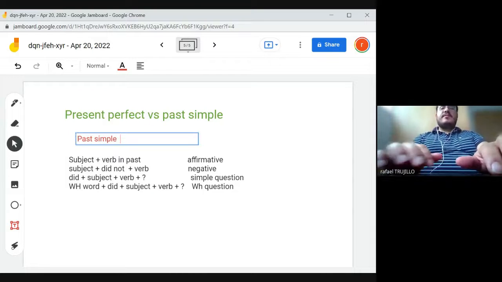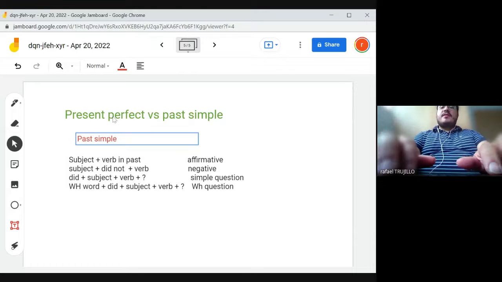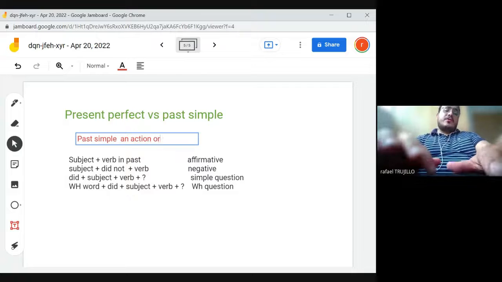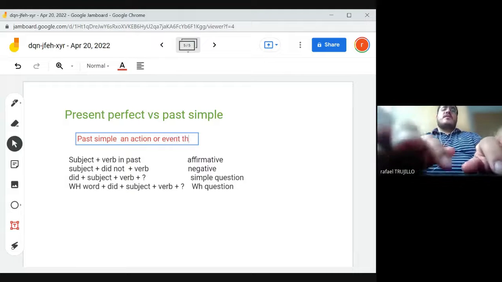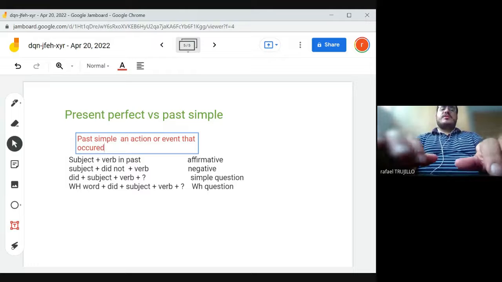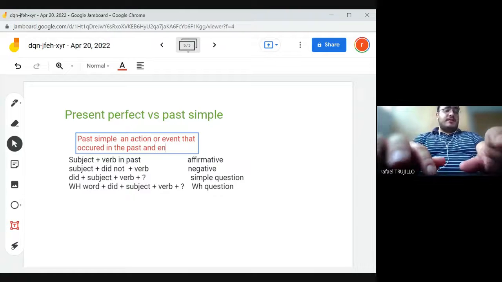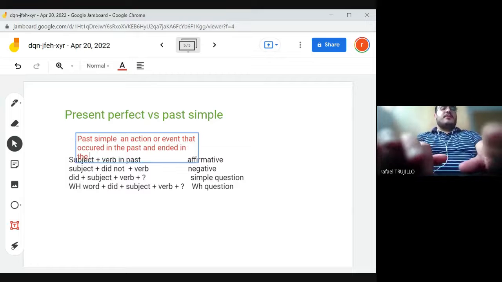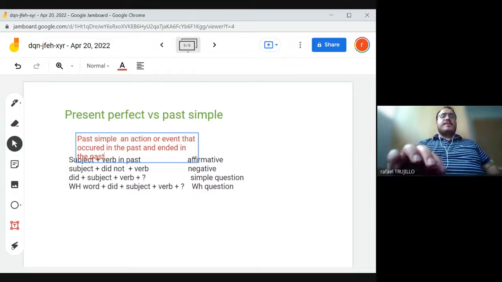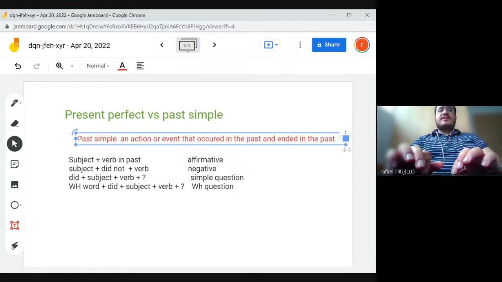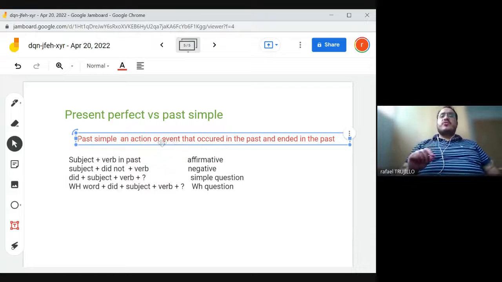It is simply an action or event that occurred in the past and ended in the past. And that's it.